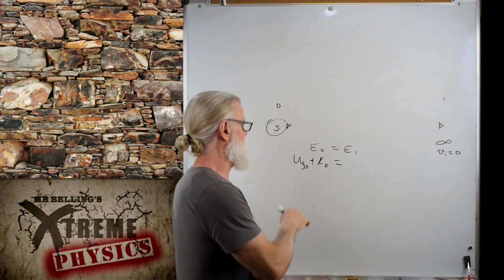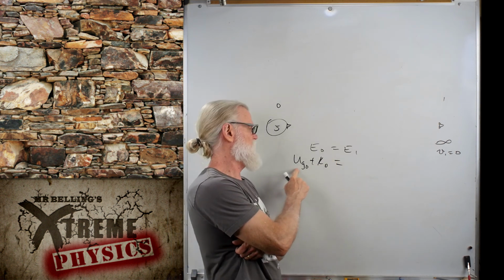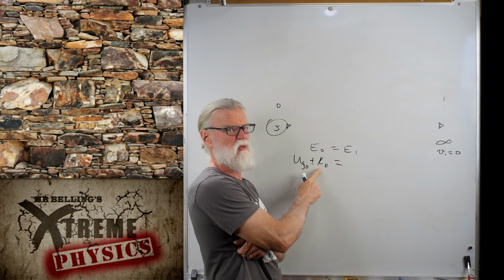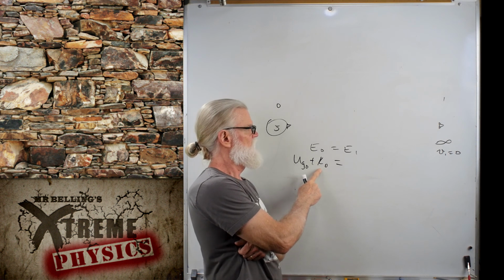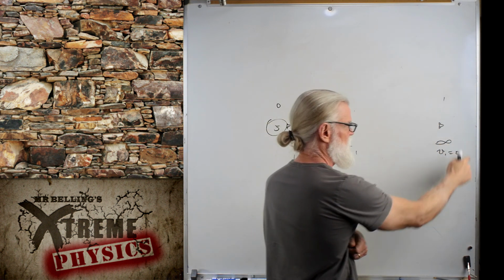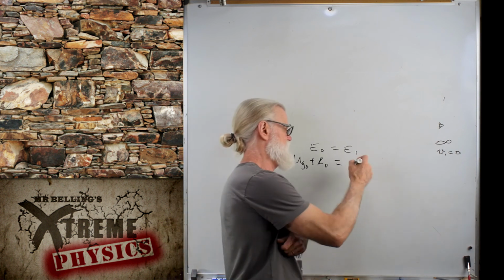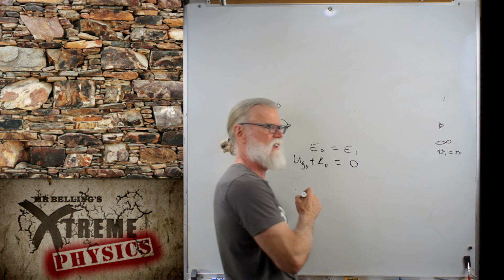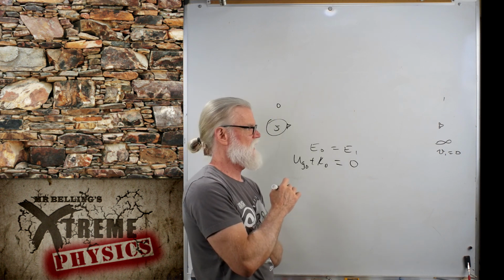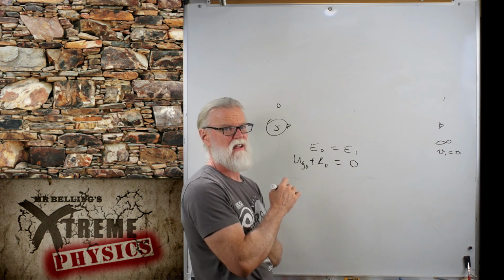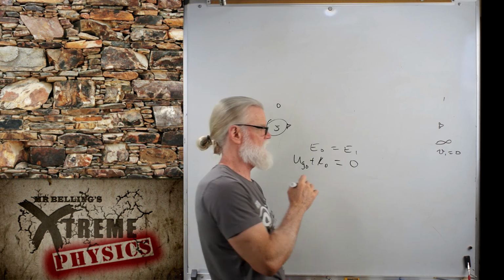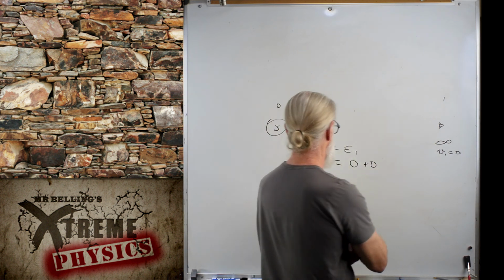So the gravitational potential energy at 0 plus the kinetic energy at 0 equals what? Well, what's the gravitational potential energy here? It's 0, right? It made it to infinity. And how fast is it going? 0 speed. So what's its kinetic energy? 0.